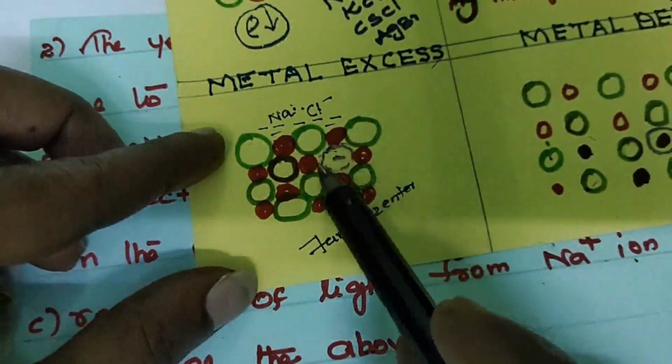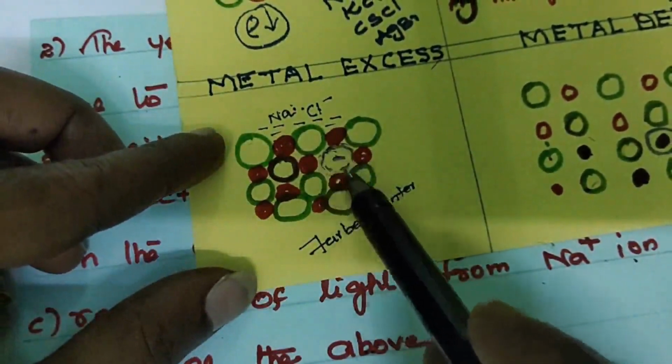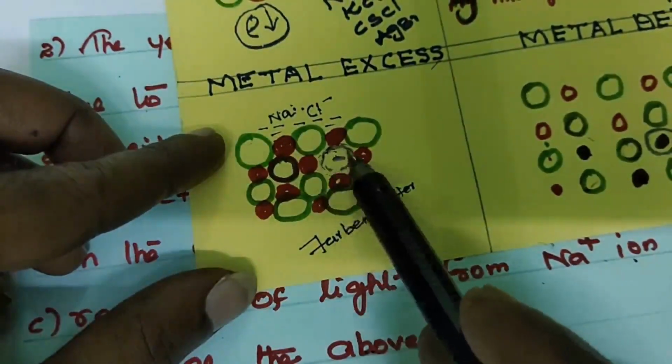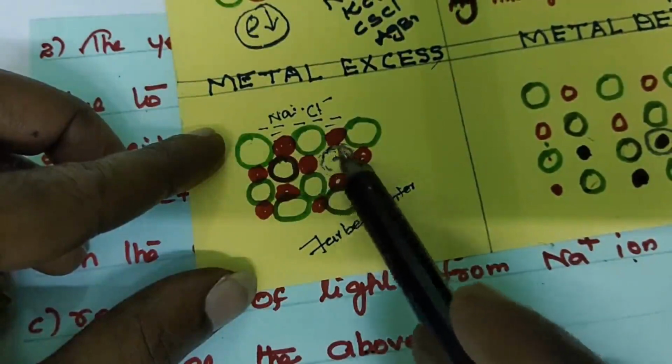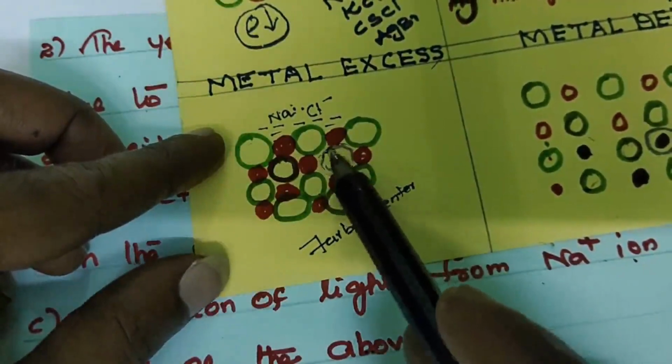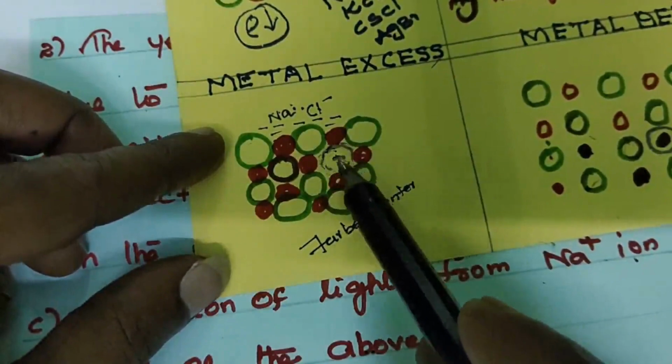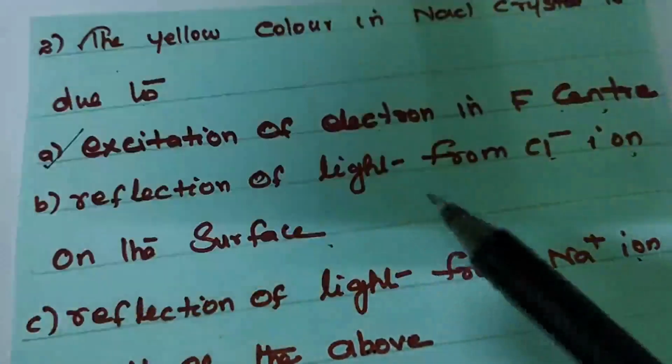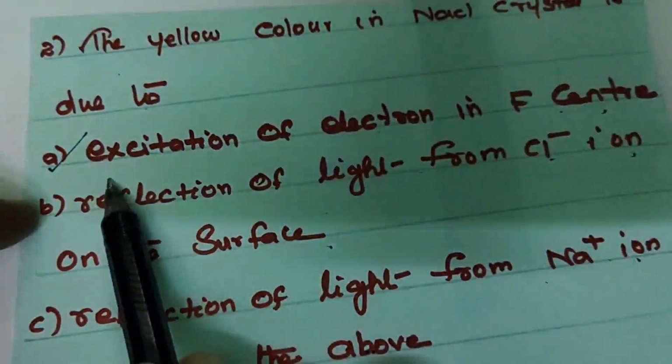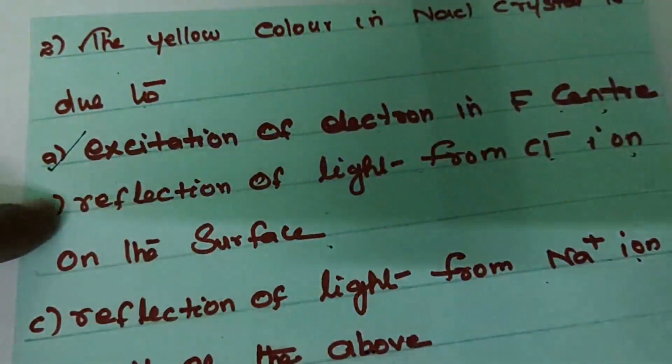This unpaired electron is responsible for the absorption of light and gives color to the compound. So this center is known as F center. F center plays the important role here. So option A is the correct answer.